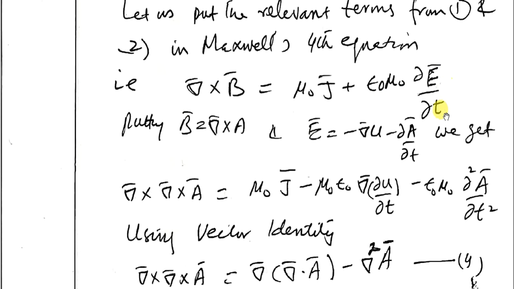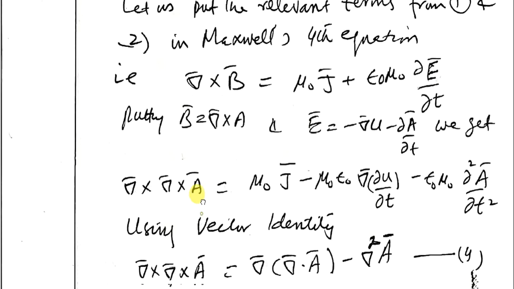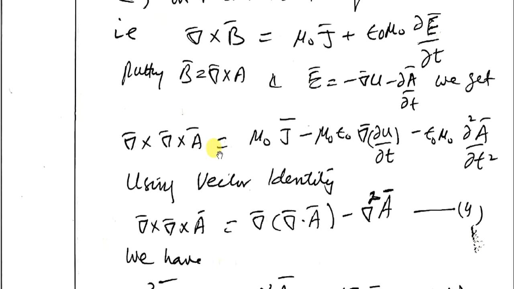Putting B is equal to curl of A and E is equal to minus gradient of U minus delta A by delta T, we get that curl of curl of A is equal to mu naught J minus mu naught epsilon naught gradient of delta U by delta T minus epsilon naught mu naught delta 2A by delta T square.